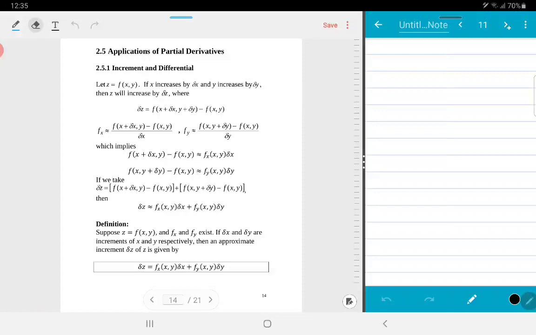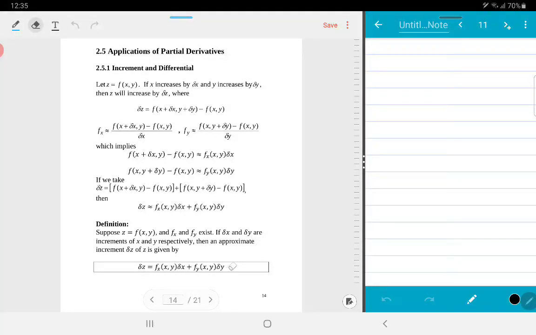Okay, now we go to the definition. Suppose z equals f of x, y and partial f partial x and partial f partial y exist, meaning that the partial derivatives of the function exist, and delta x and delta y are increments of x and y respectively. Then an approximate increment delta z of z is given by this.